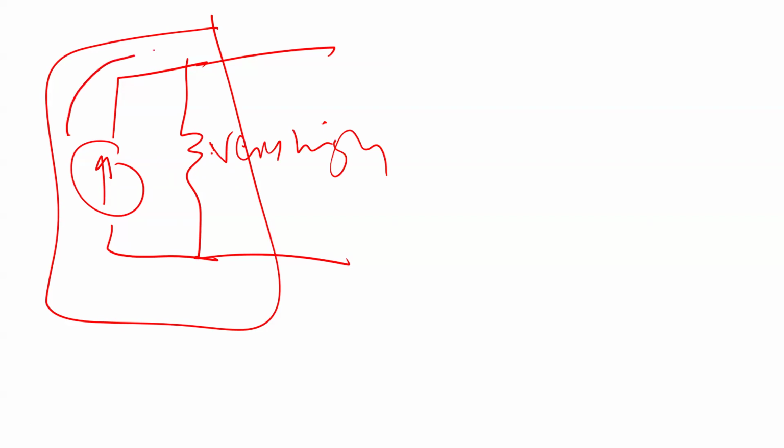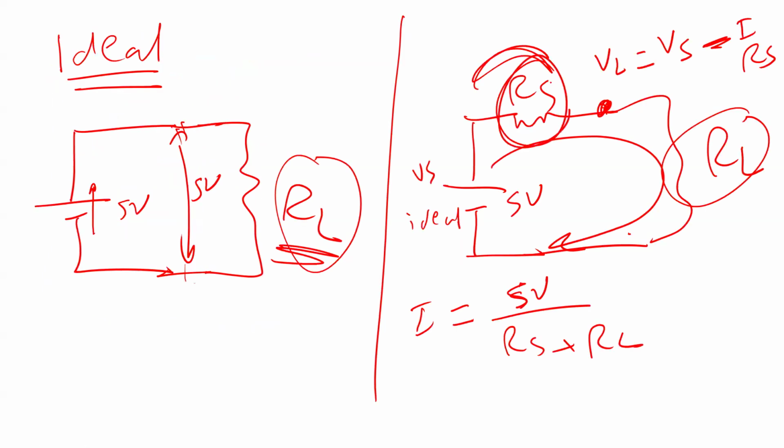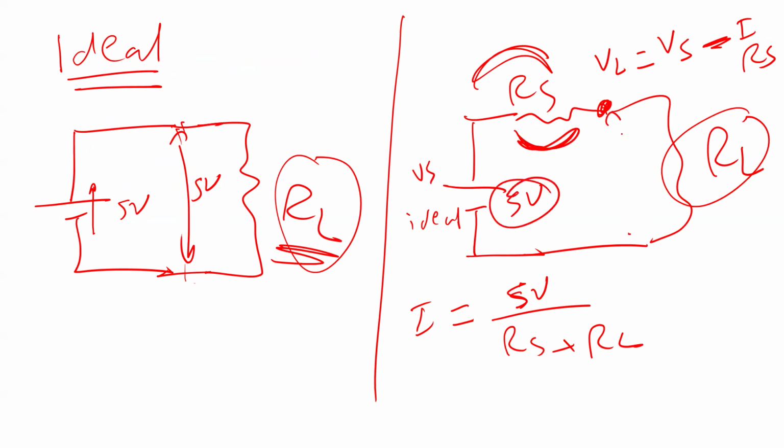That's why most of the current is going to go through this path, because the other path usually has very high resistance. Here, this resistance is usually a small resistance. That's why there is a small voltage drop here, and most of the 5 volts should be here. Okay.